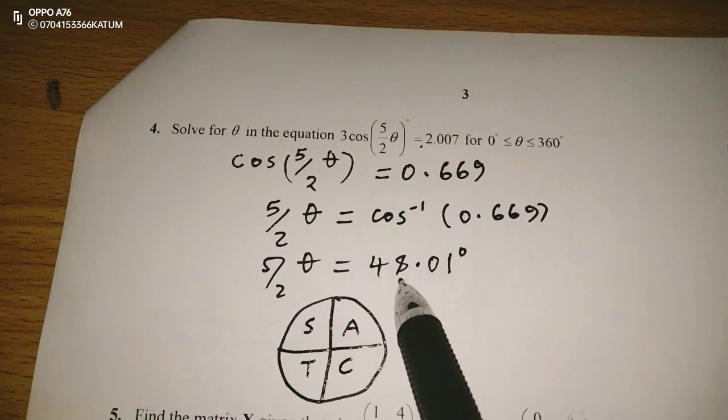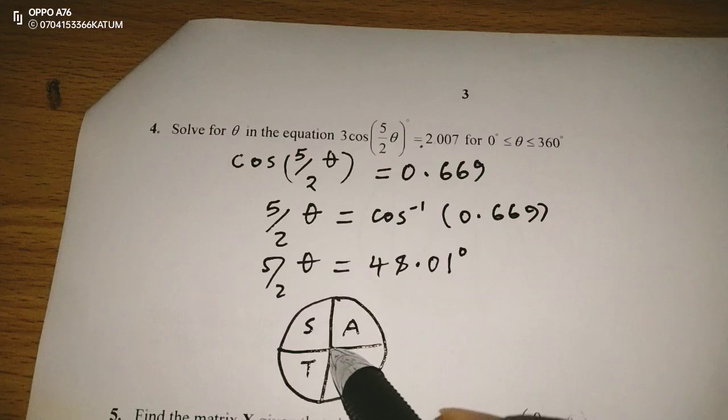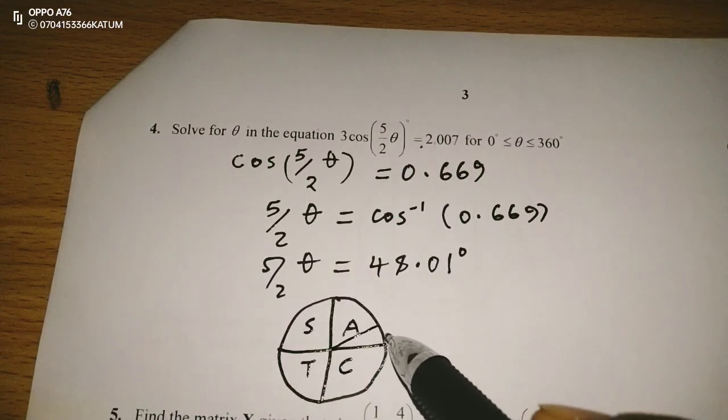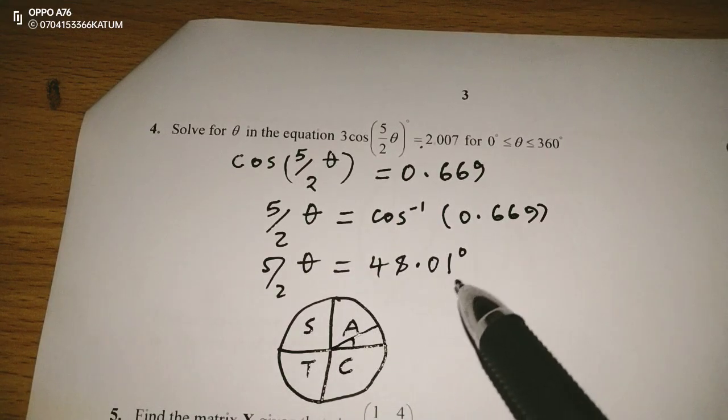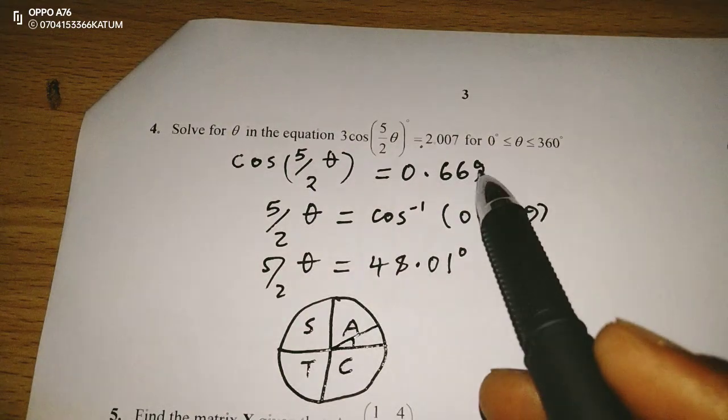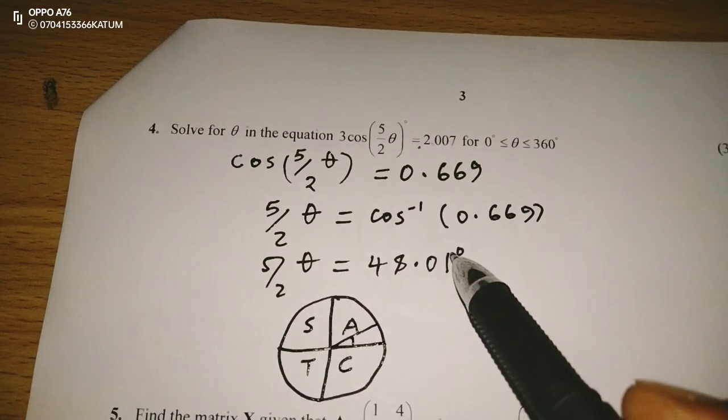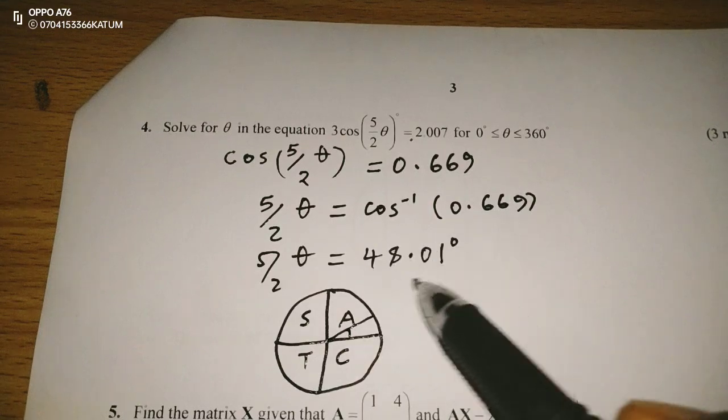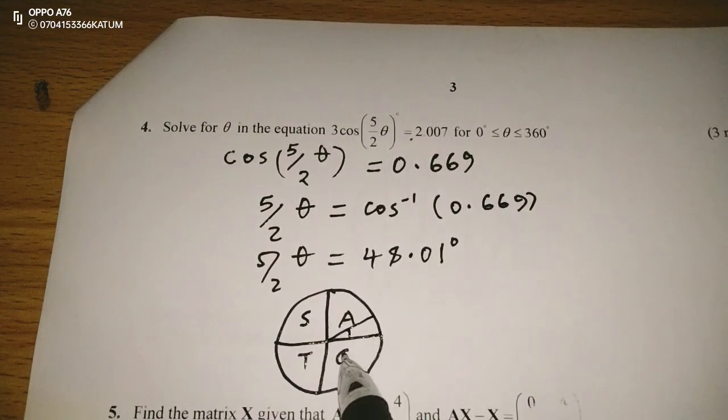Therefore, the first angle of 48.01 is in the first quadrant, which means there is another quadrant where cosines are positive, and the same angle can be obtained in that quadrant.